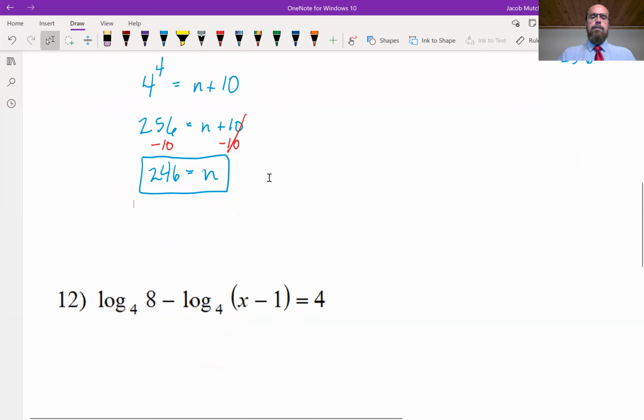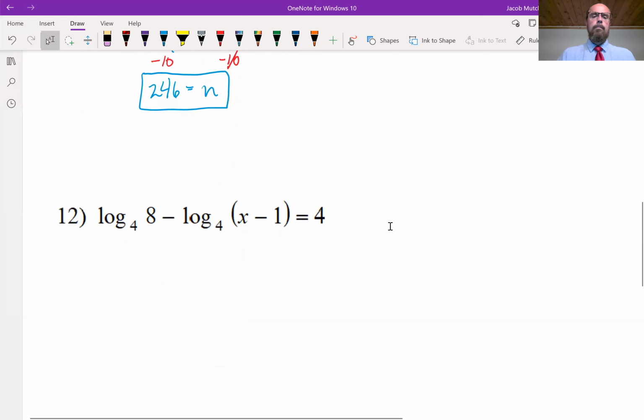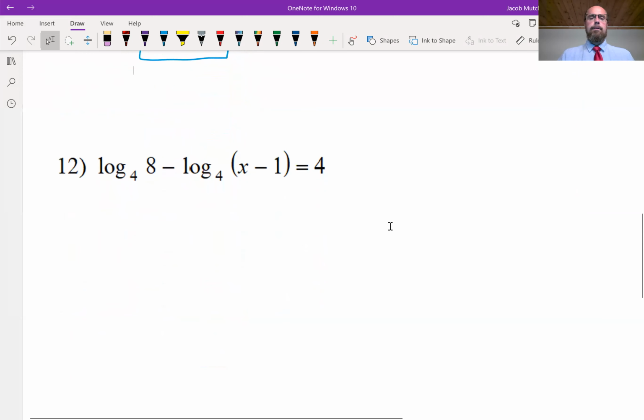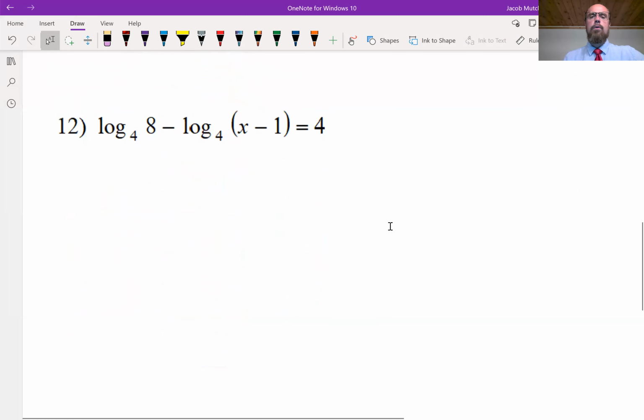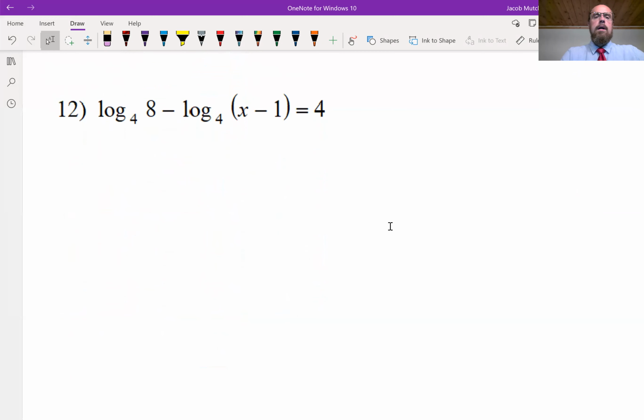Let's take a look at a third example that again involves 2 logarithms, but on the same side. Here I've got log base 4 of 8 minus log base 4 of x minus 1 equals 4. Whenever I've got logarithms of the same base, either added or subtracted on one side, I can combine them into one logarithm using my logarithm properties.